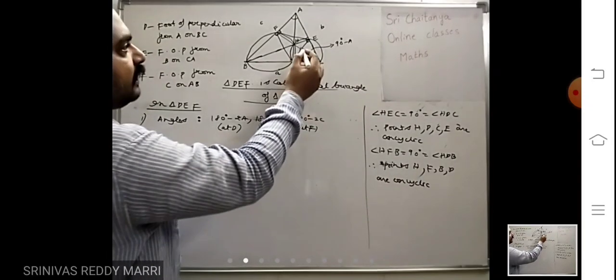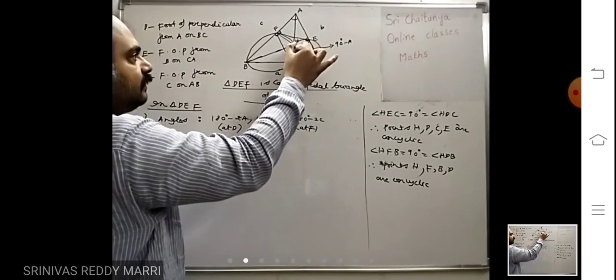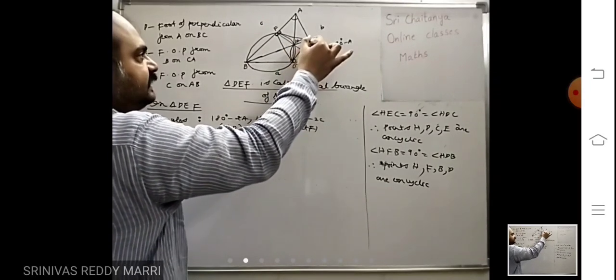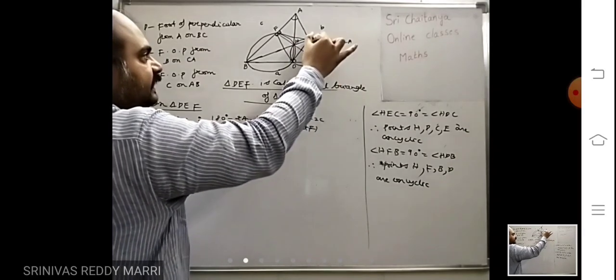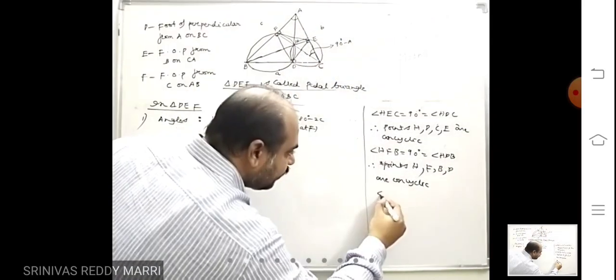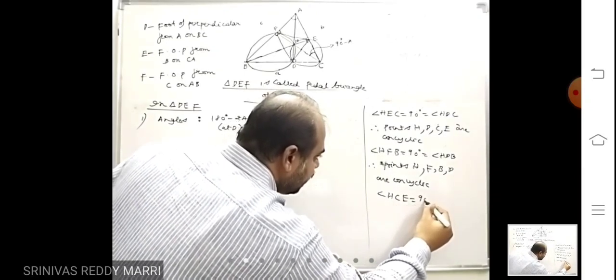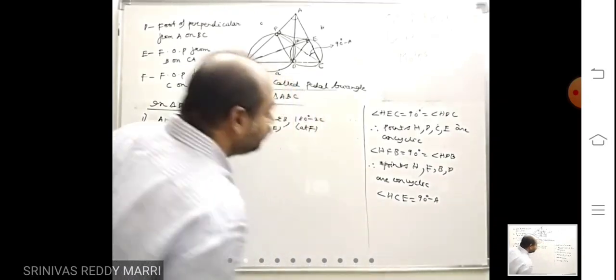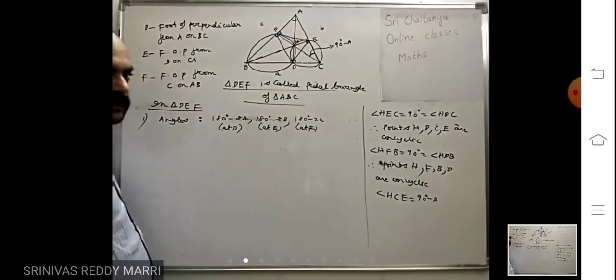Now I am asking, what is angle HDE? Angle HCE is 90 minus A.